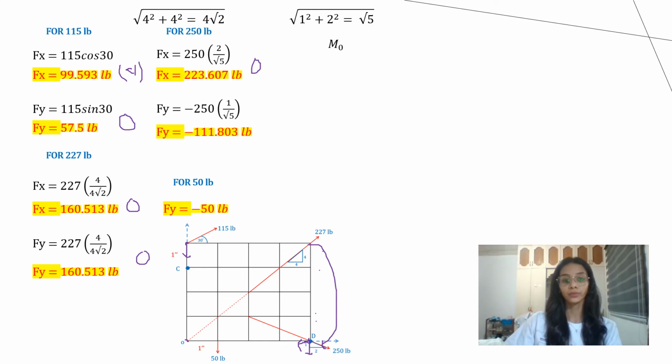We have this Fy clockwise to O, and it is times 4. And for our 50 pounds with an Fy of negative 50 pounds, from the arrowhead to point O, it is times 1.